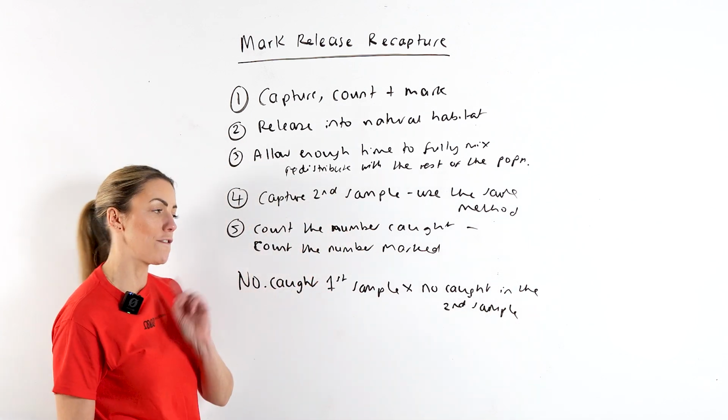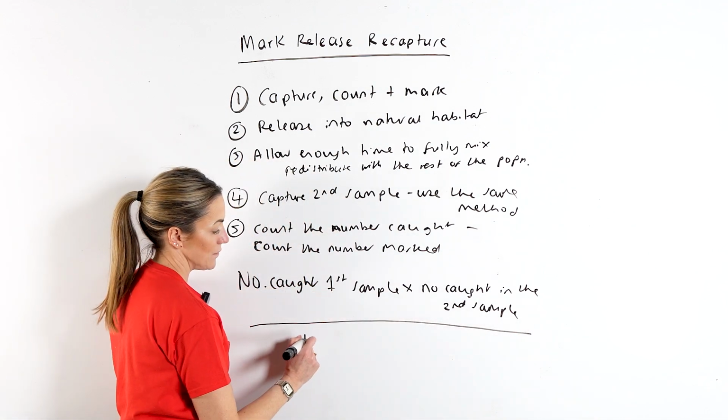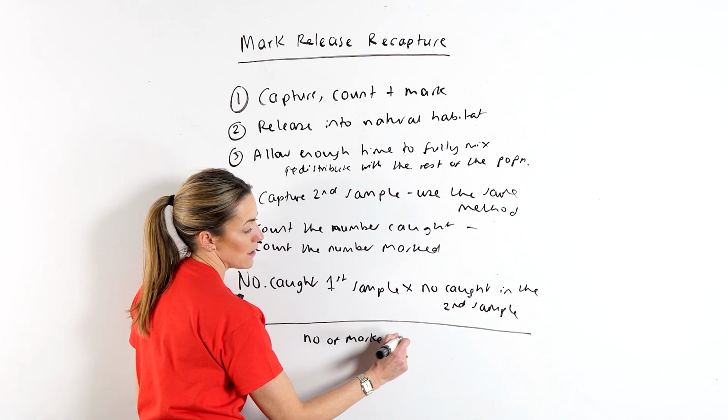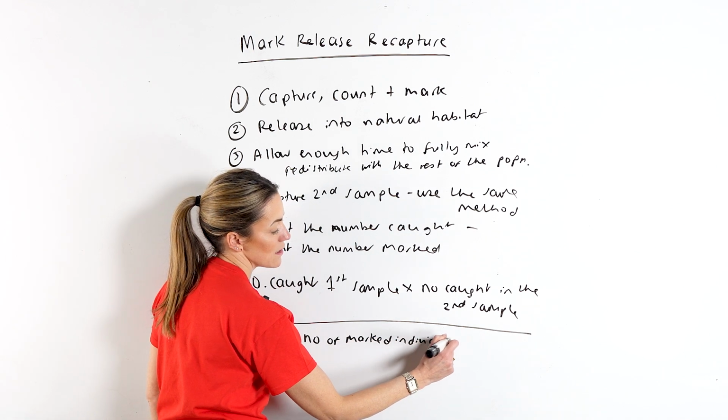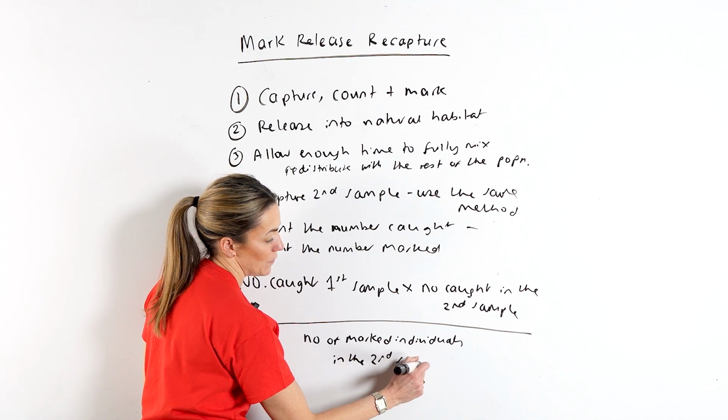So the number you caught the first time times the number you caught the second time, divided by the number of marked individuals in the second sample.